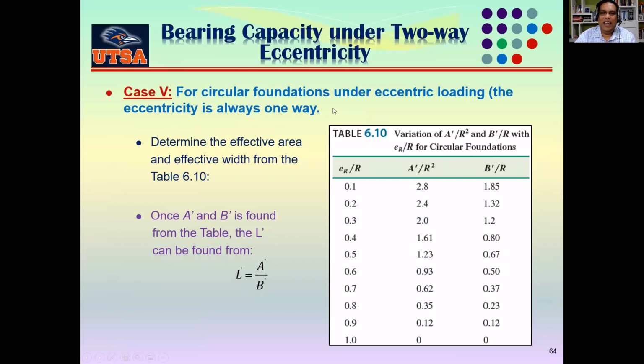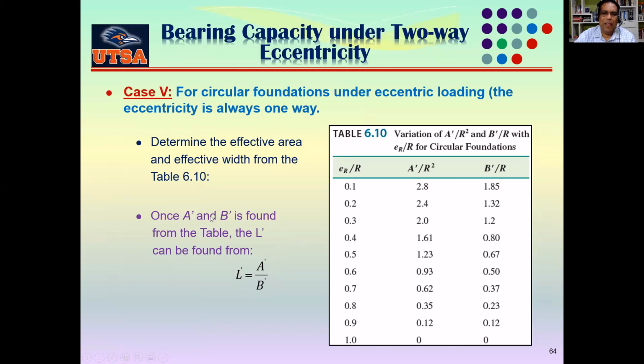But you can see if you know your ER by R, then you can find out your A prime by R squared and B prime by R squared. From A prime by R squared, you can find out your A prime, which is the effective area. And from here, you can find out your effective width. Once you get your effective area and effective width, you can find out your L from there, which is effective area divided by effective width. Okay, that's the way you usually do this problem.